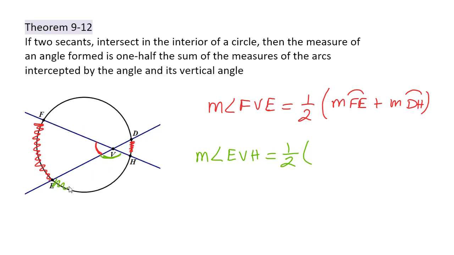So in that case, it would be this arc over here, so the measure of arc EH, plus the arc intercepted by its vertical angle, so this one over here, the measure of arc FD. And because we do have vertical angles, as long as we can figure out one of those two, then we should be able to figure out the other ones. But then this would be the relationship between those arcs intercepted and the measure of the angle.